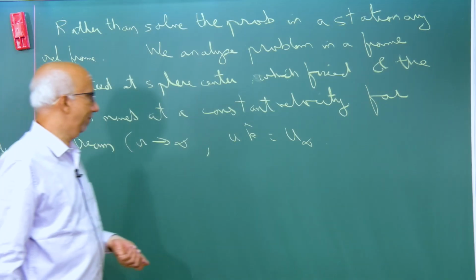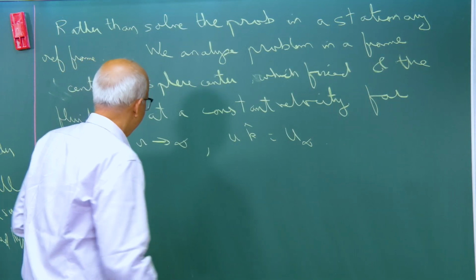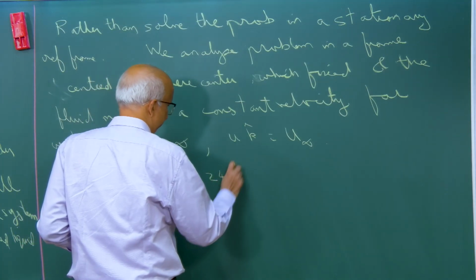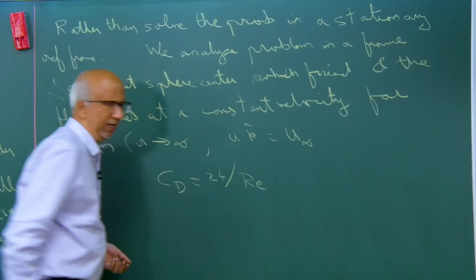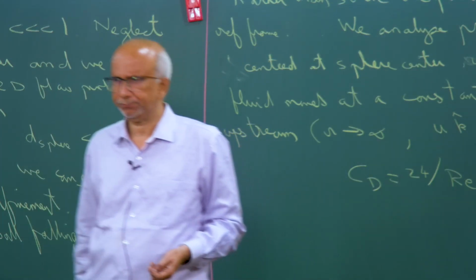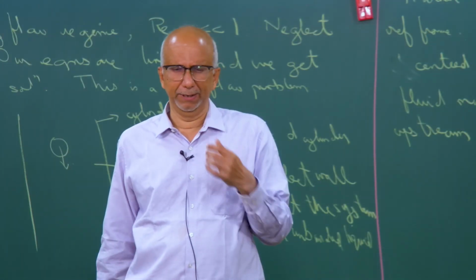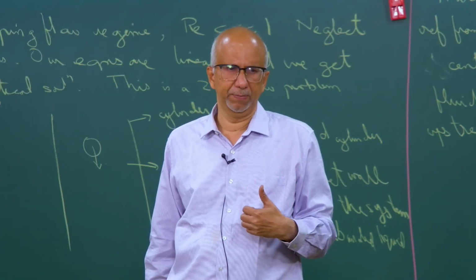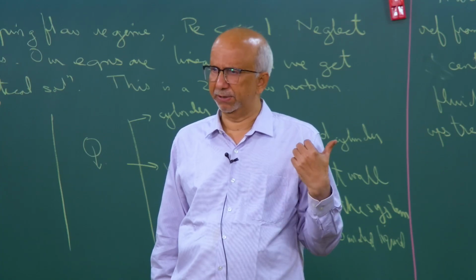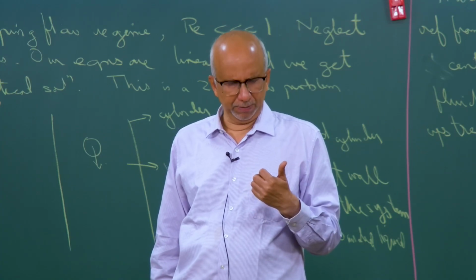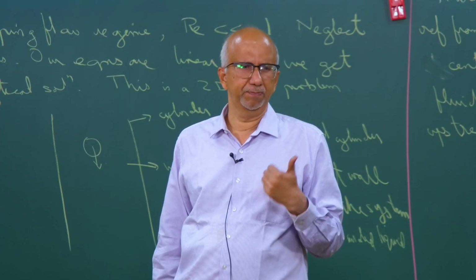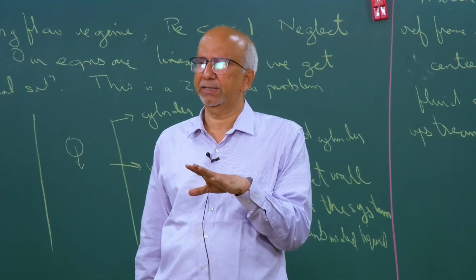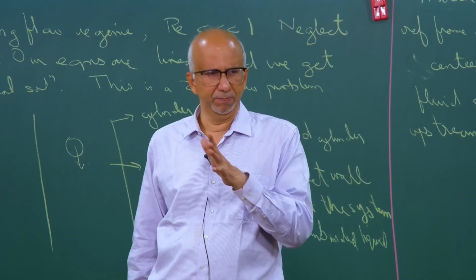Now, if you remember what you did earlier, CD for a sphere is given as 24 divided by Re. This is a drag coefficient, and this is valid only for low Re. I wanted to make the point that this is very analogous to the friction factor concept which you have used in flow through a pipe.